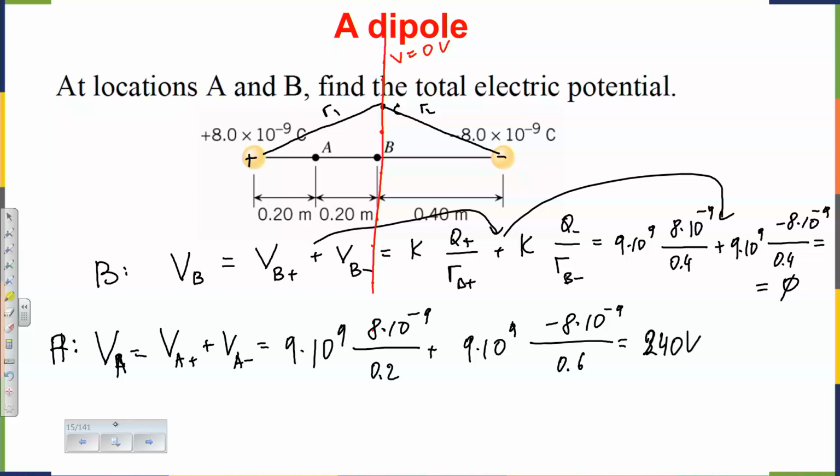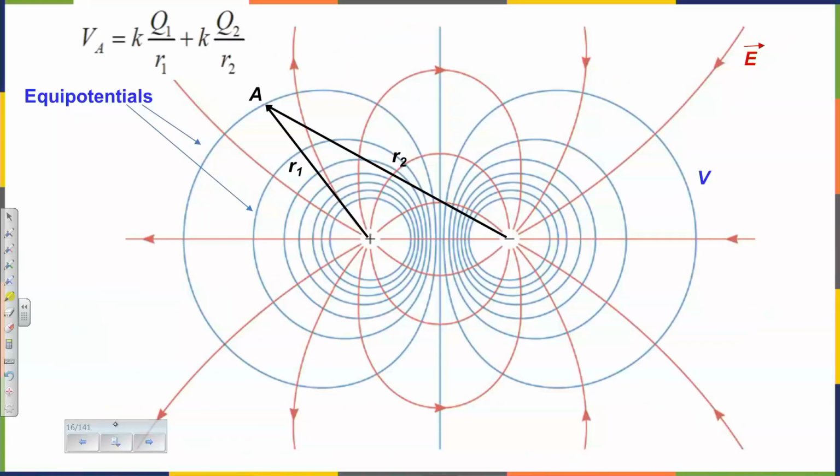And of course, that's not the only location with the same potential. We can find more locations where potential is equal to 240 volts. They lie on a hyperbola, not a straight line anymore. And if we map different lines with the same potential, this is what we would see.